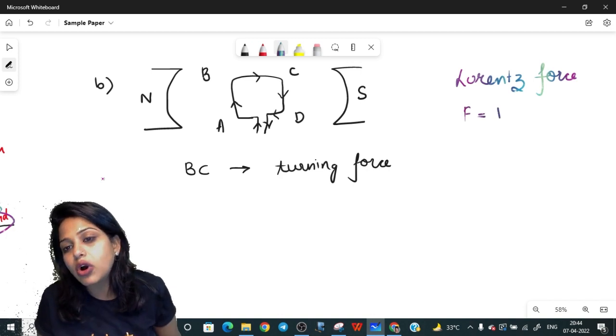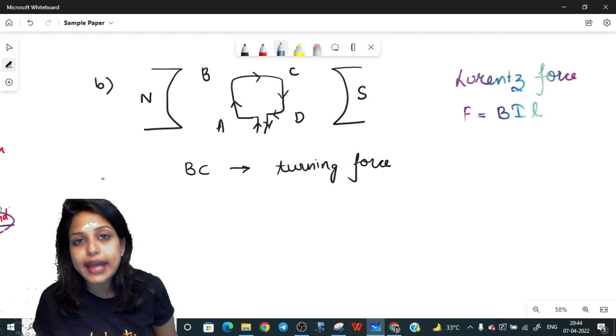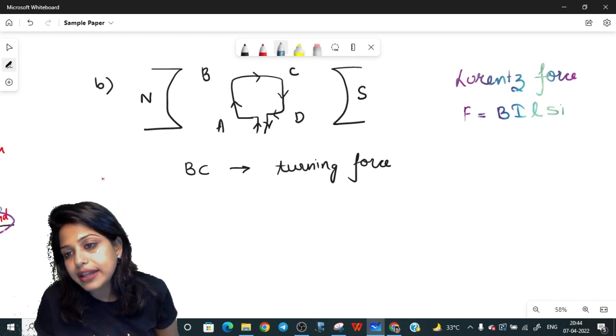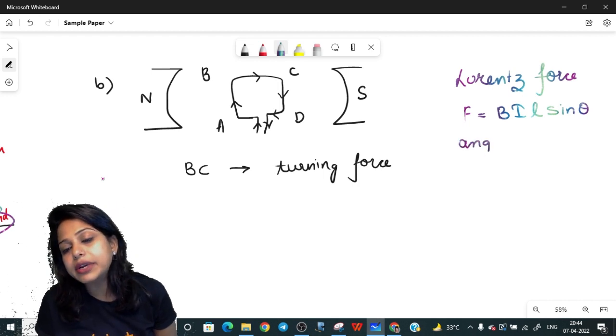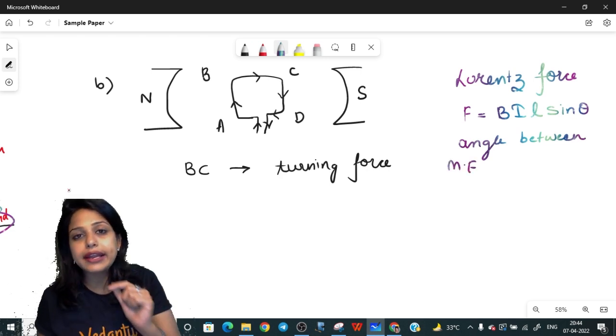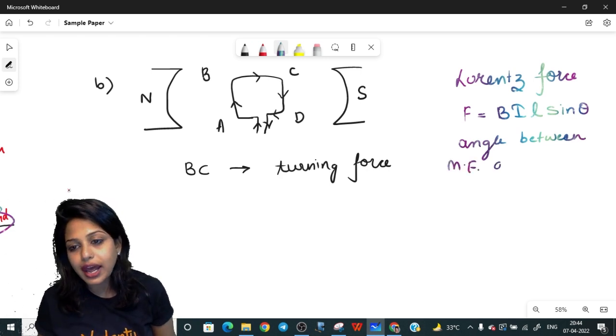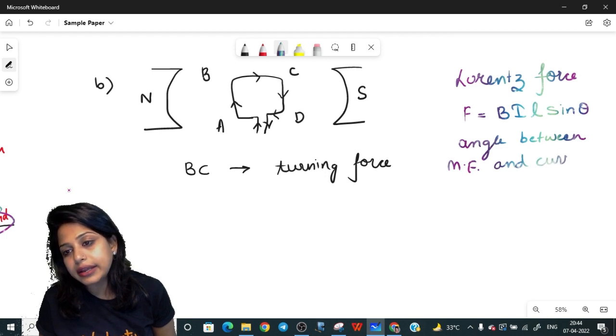It depends on the magnetic field, on the current, on the length, and there is another thing called sine theta, the angle between your magnetic field and the current carrying element.